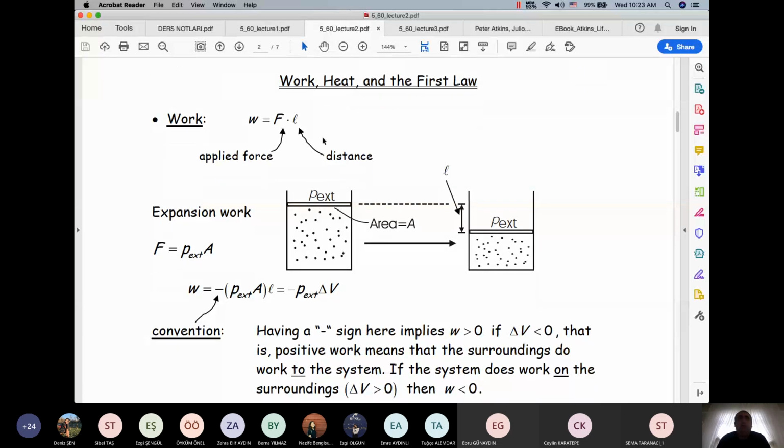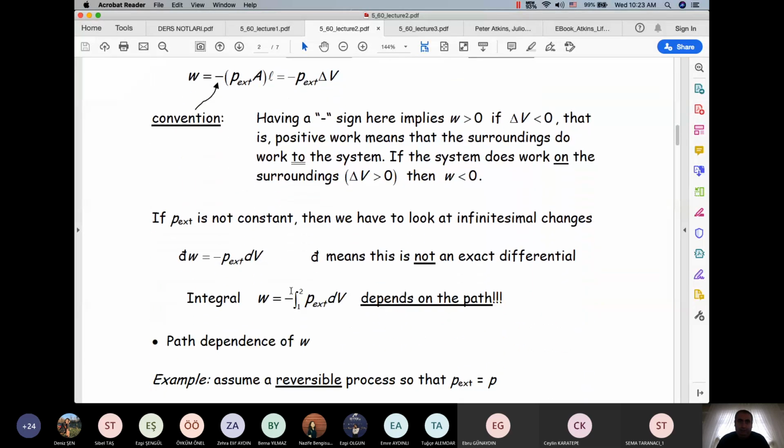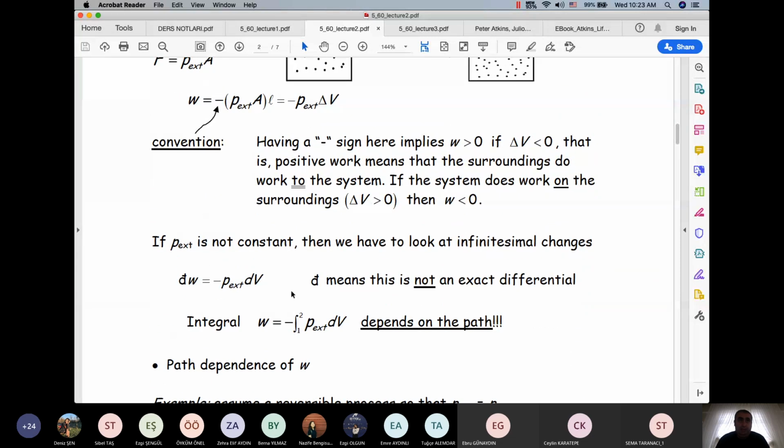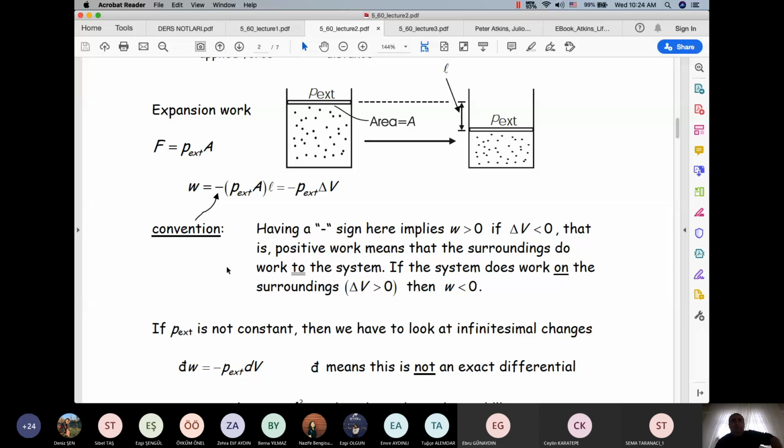We also talked about work, which is the applied force times the distance, the same as the pressure times volume. And we put a minus sign to show whether the system is losing work or not. What is important here is that the work done is the external pressure times the volume change.